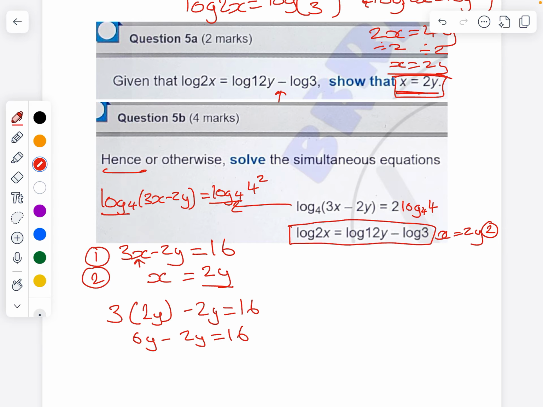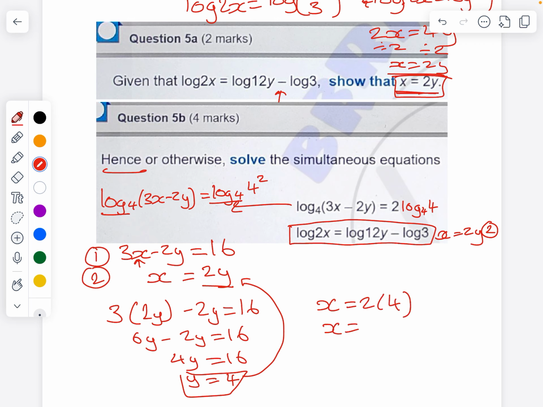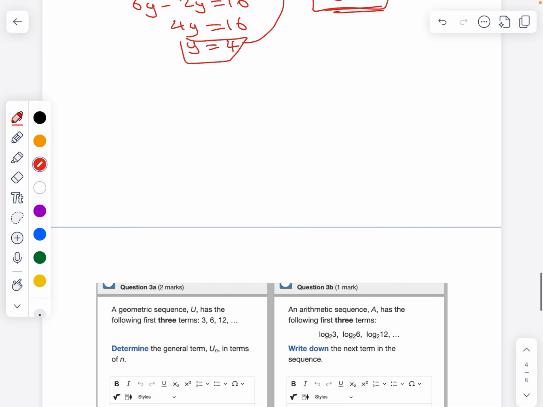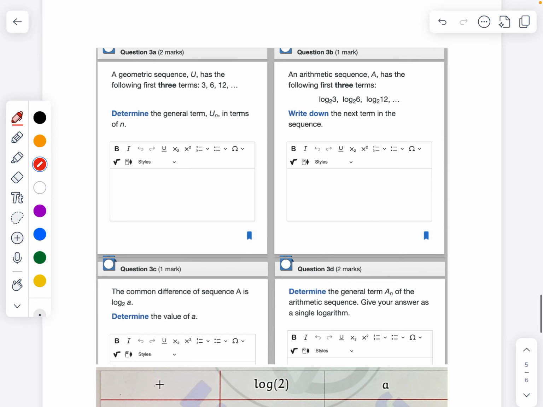So that means 6y minus 2y is 16. So 4y is 16. So that means y is going to be 4. And then you can substitute back into any equation. So x equals 2 times 4. So that means x is going to equal 8. And they're your 2 solutions for that question.